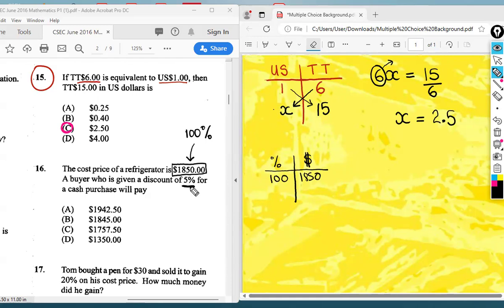If it was originally 100%, and somebody said, hey, I'm giving you 5 off, how much percentage would you be left to pay? 95%, right? So you are left to pay 95%.